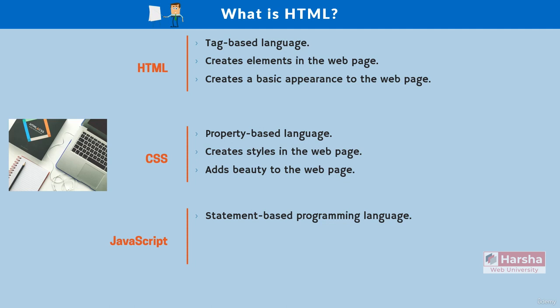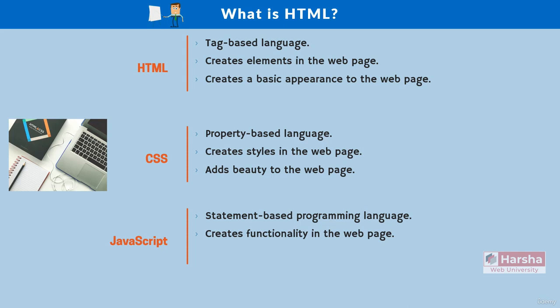JavaScript is a statement-based language. That means we have to pass the instructions in the form of statements in JavaScript. You can write a variety of statements such as declaring a variable, assigning value into the variable, creating an object, copying the value from one variable to another variable, etc. Using JavaScript, you can create the functionality in the web page.